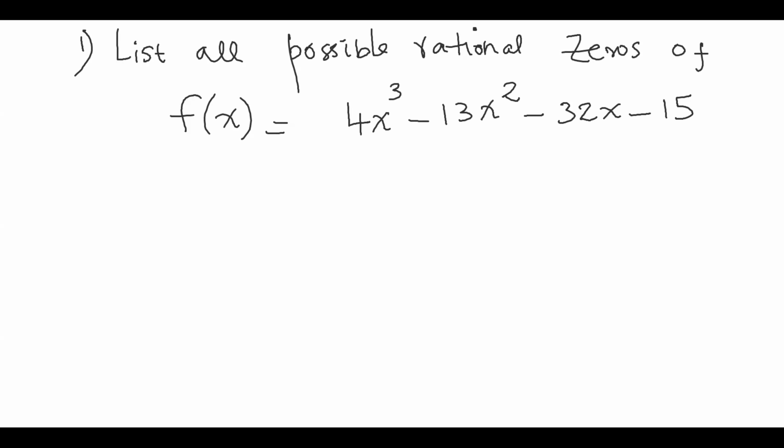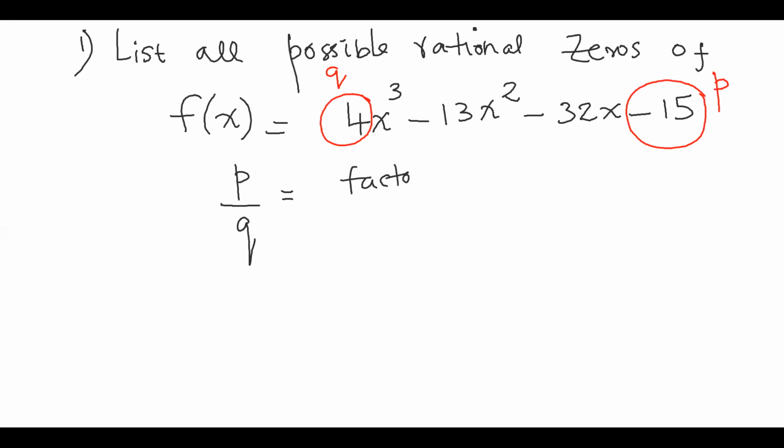We have to find all the possible rational zeros. By the previous theorem, we have to find P over Q, where P is negative 15. This is the last term, which is the P, and the leading coefficient is going to be our Q. So P is going to be all the factors of negative 15. So we have to find all the numbers that can go into negative 15, over factors of positive 4.